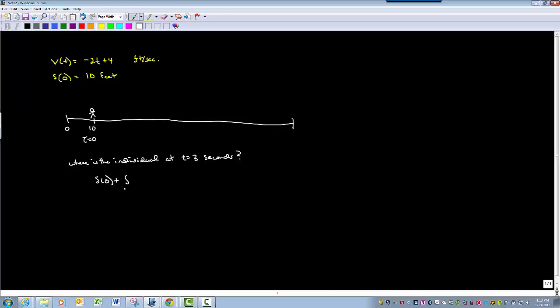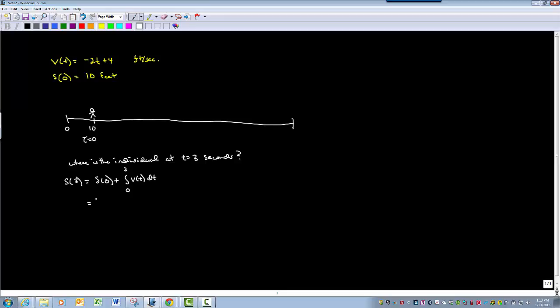The displacement is from that initial time 0 to whatever time we're looking at, and here we're looking at 3 seconds, of the velocity function. This is equal to the position at time 3. So the position at 3 seconds is equal to the initial position plus the displacement.